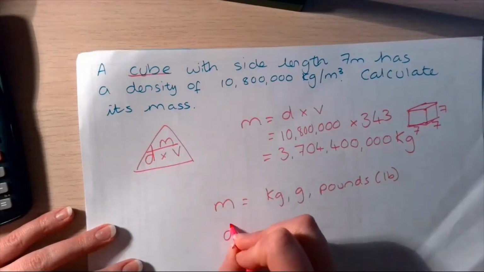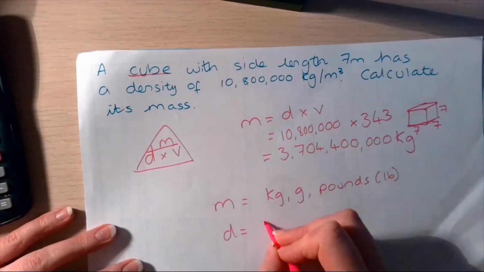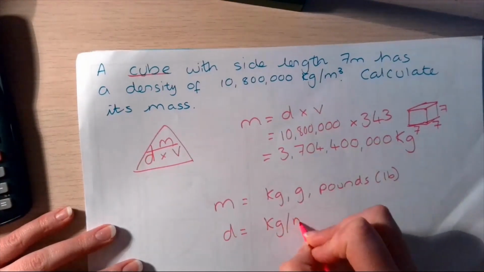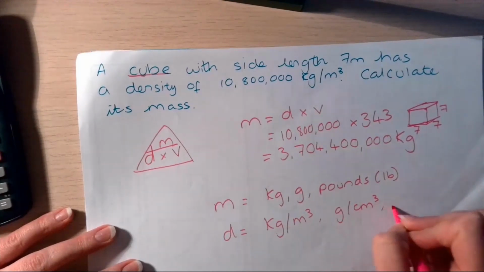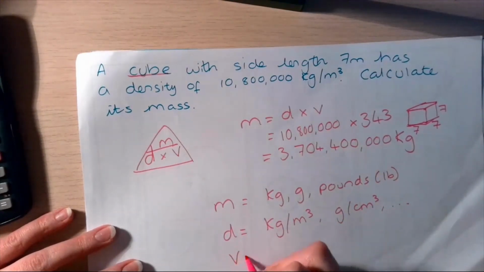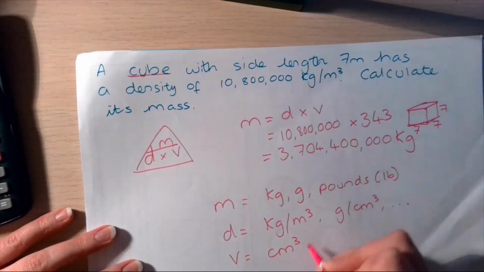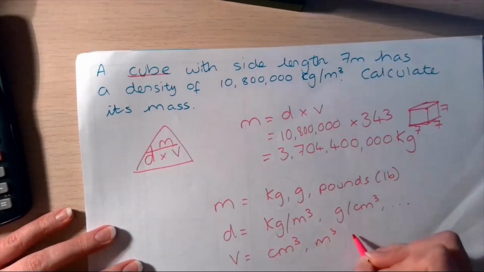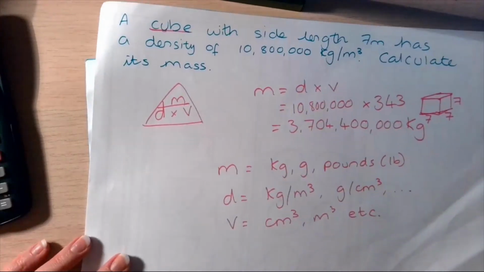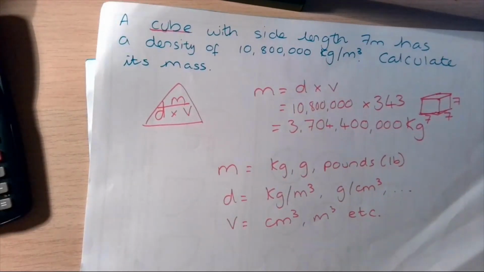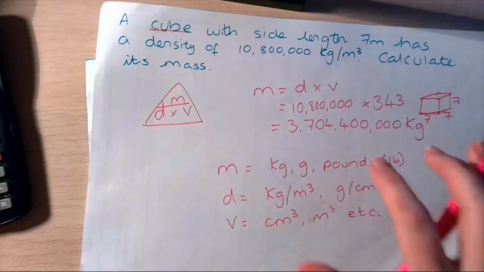Density, we end up with things like kilograms per metre cubed or grams per centimetre cubed. And volume, you should be familiar with those, centimetre cubed, metre cubed, etc. It might be worth having a list there to keep them fresh in your mind. It's easy to get confused when you're bogged down with all of this.